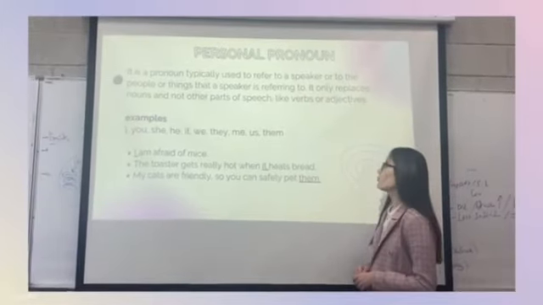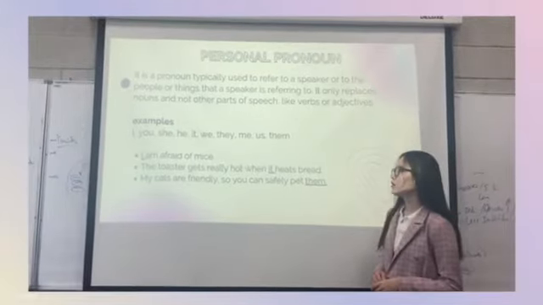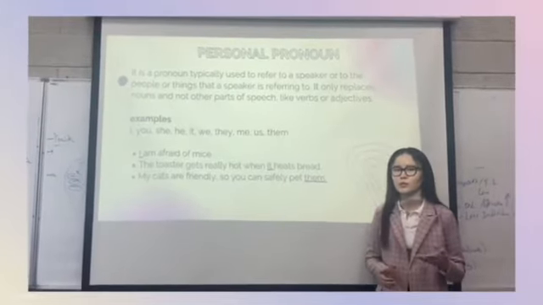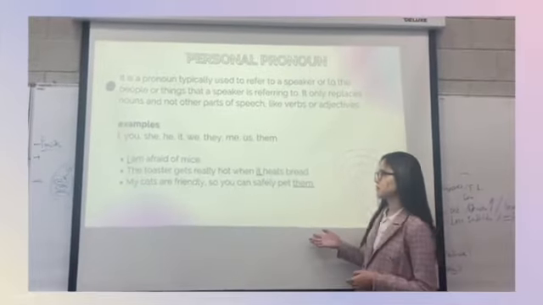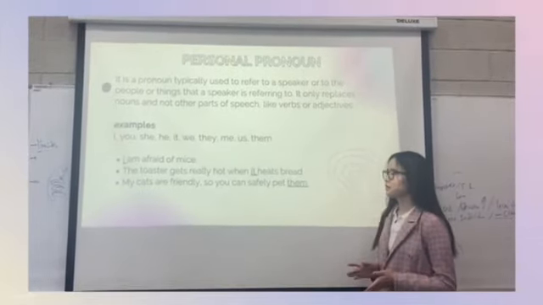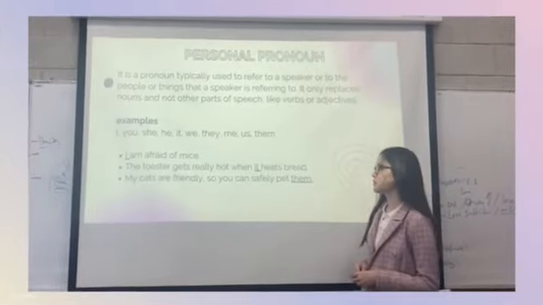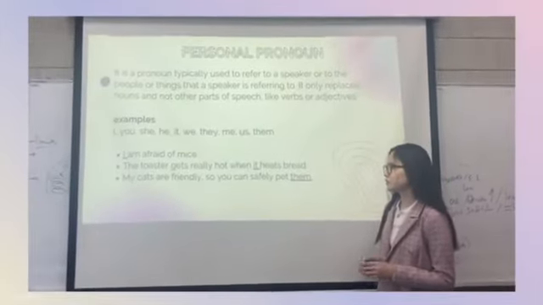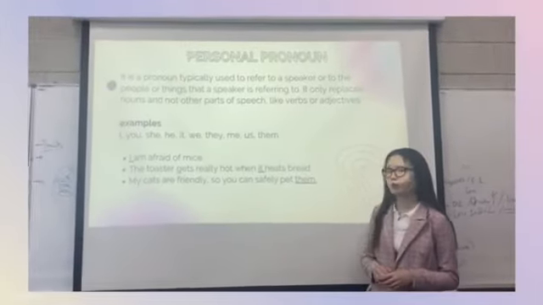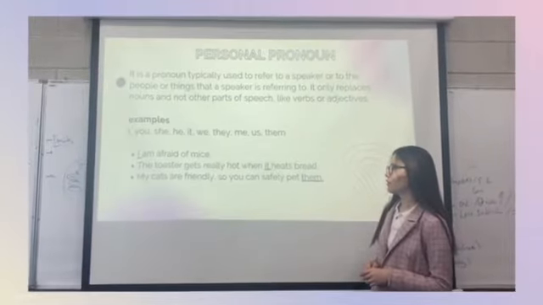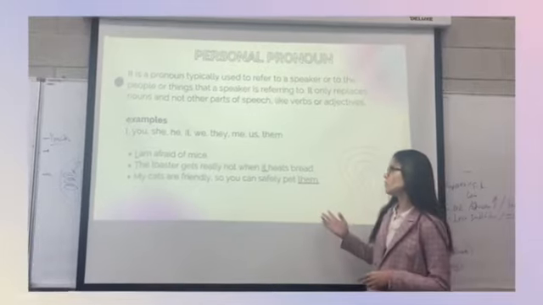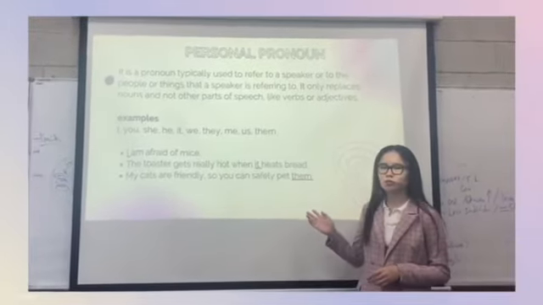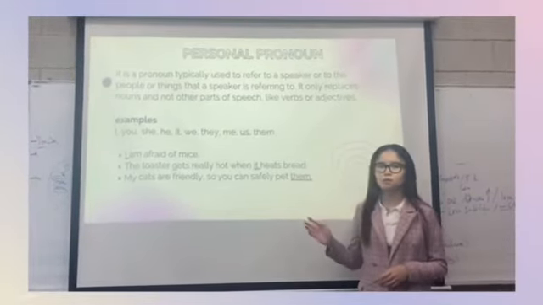Examples of personal pronouns are I, you, she, he, we, they, and others. Let's look at the sentences. "I'm afraid of mice." Here, I is a personal pronoun. "The toaster gets really hot when it heats bread." "My cats are friendly, so you can safely pet them." The underlined words there are called personal pronouns.